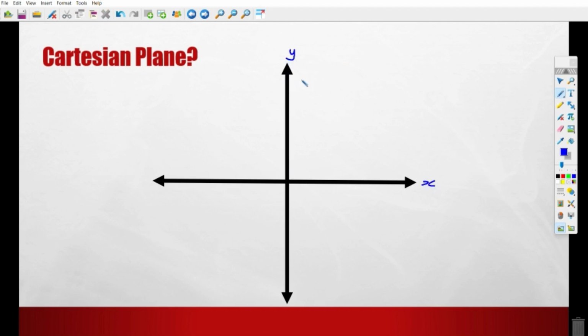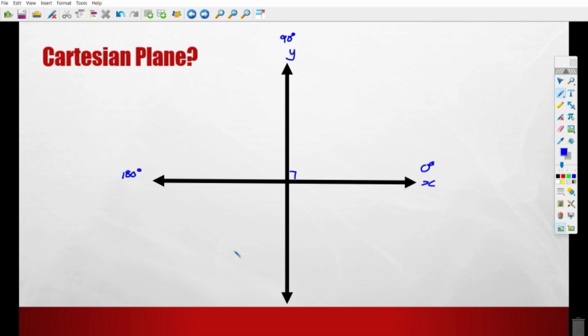If we're starting here, we're going to go around this way, starting at 0 degrees. Going up, this is a 90-degree angle. Then a full straight line, all the way down here, is my 180 degrees.